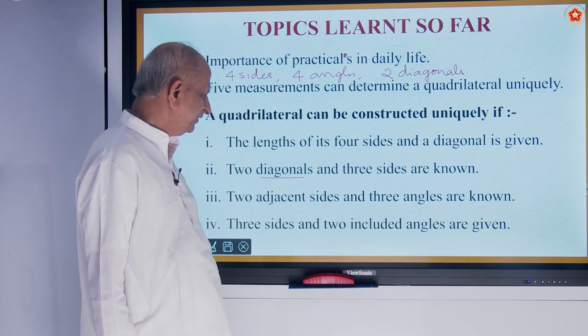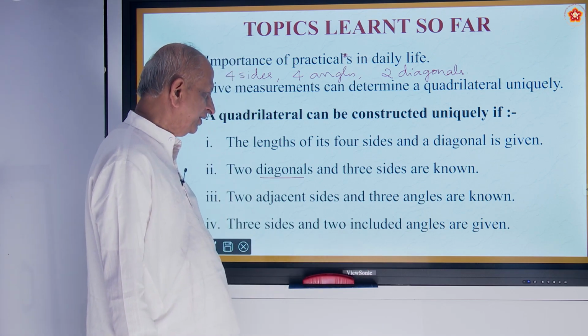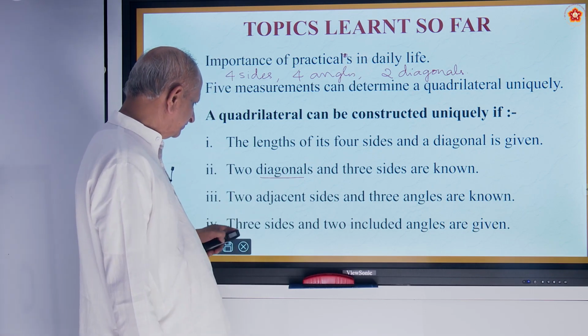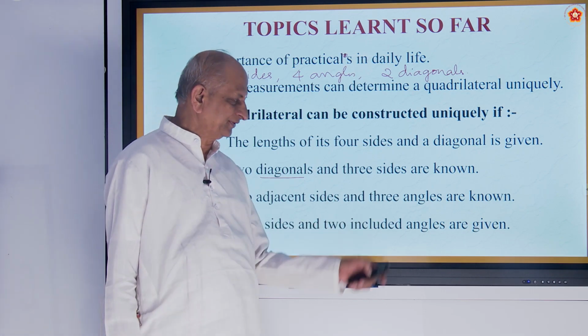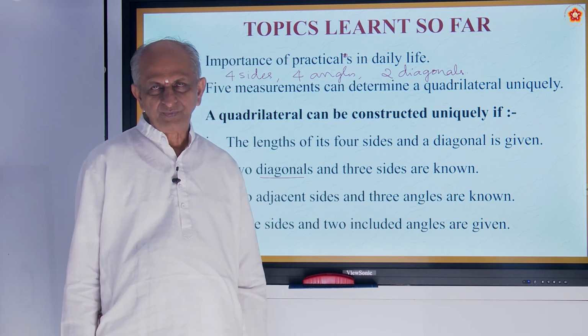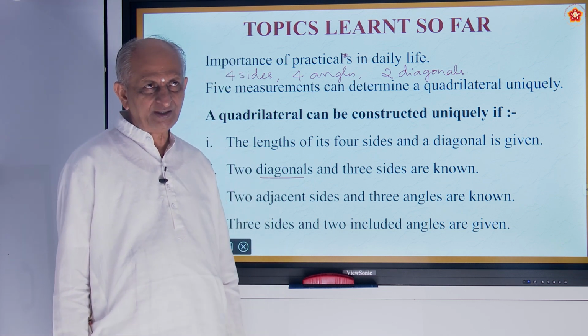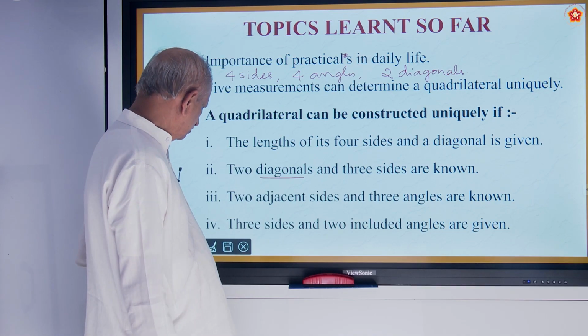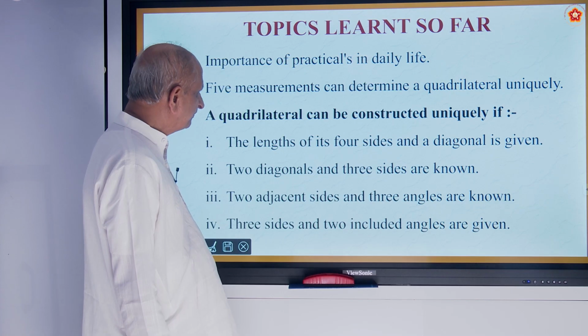So if 2 adjacent sides and 3 angles are given, we can draw a quadrilateral. Then 3 sides and 2 included angles, that we studied in the previous class. So this is something we have already studied.